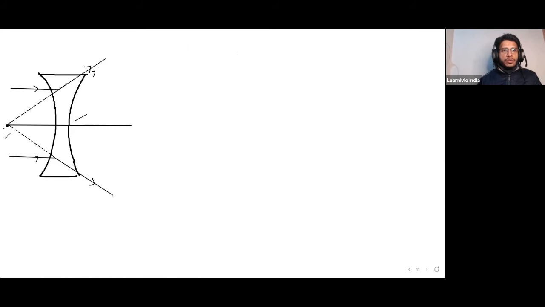This point is known as the second principal focus, and this distance is the focal length. Can you tell me whether this is positive or negative? This is the optical center. Is it positive or negative for a concave lens?